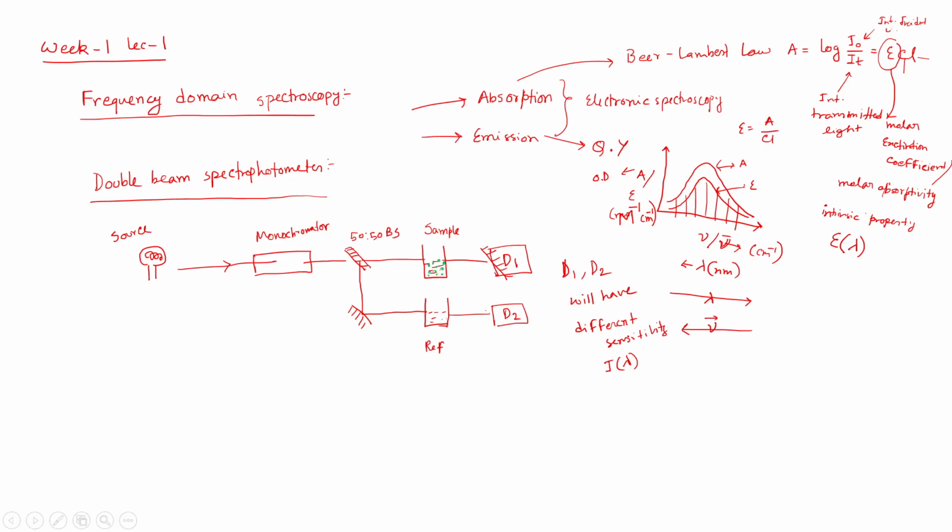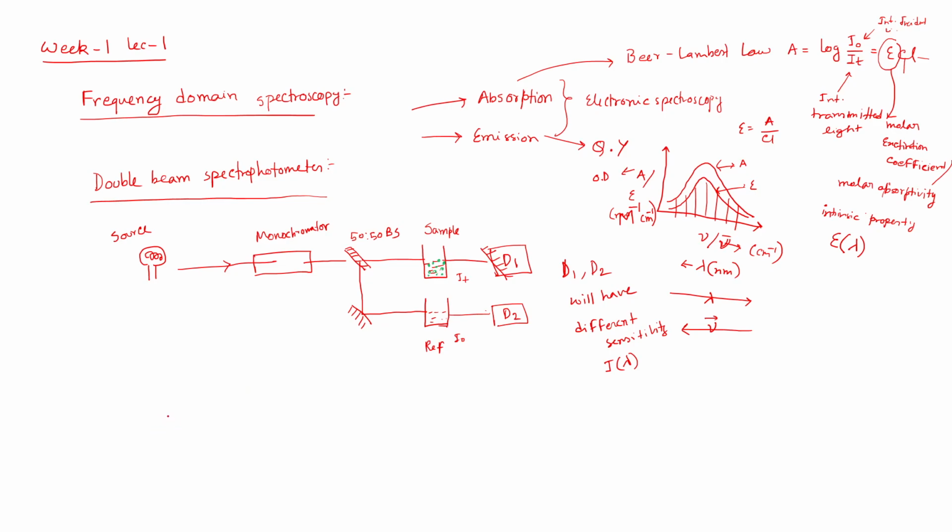So we need to replace both with one detector, but that cannot be done easily. You can say that you can have a mirror here and then D2, but at the same time you can't measure I0 and IT, right?